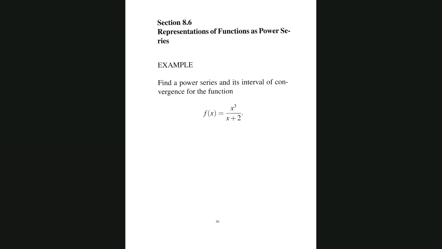So what I can do here is write this function as x cubed times 1 over x plus 2. By doing that, I have a 1 over x plus 2 here.